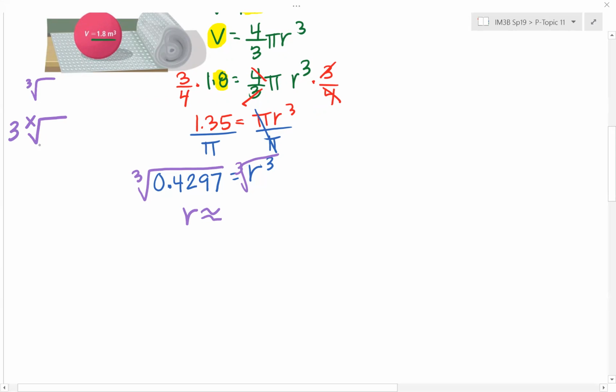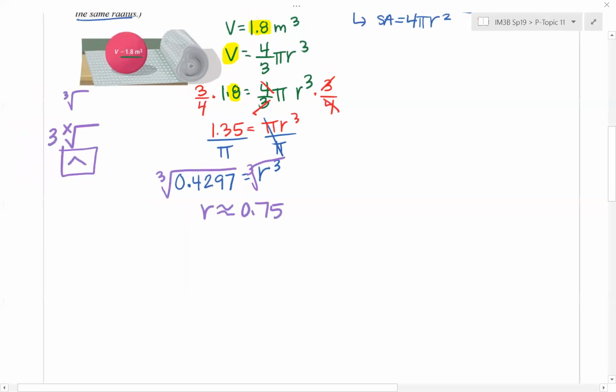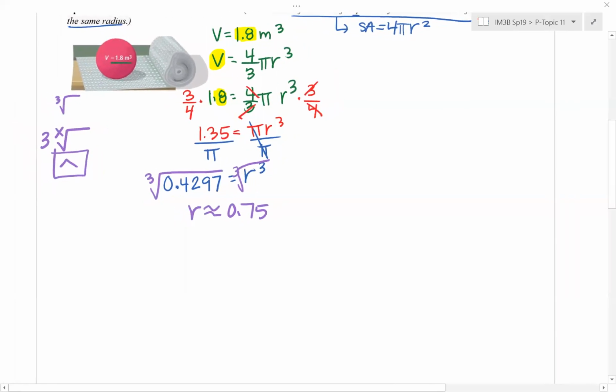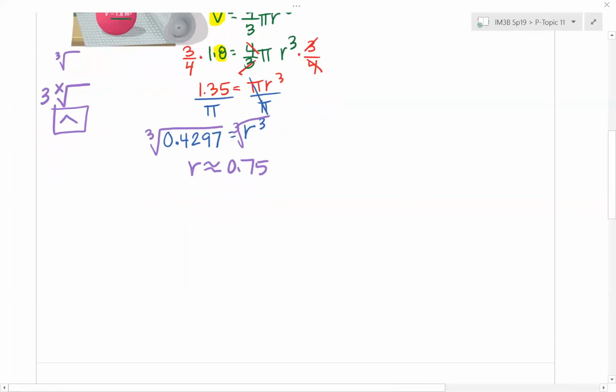A lot of times it's the space above the function that makes it an exponent. Depending on how you use cube root on your calculator, you should get 0.75 as your answer. Make sure you know how to calculate a cube root on your calculator, because they're all a little bit different.